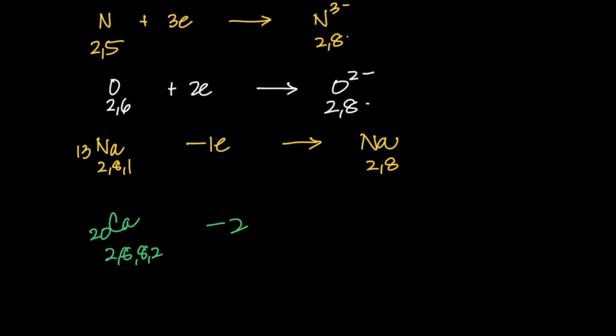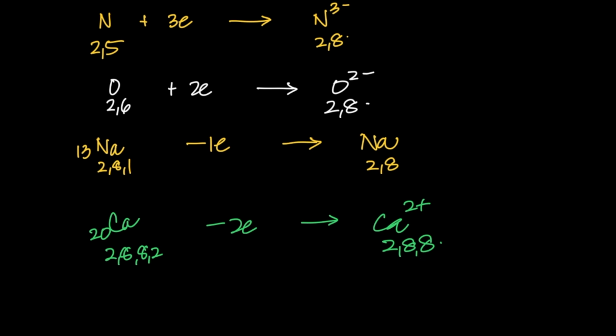But when it loses 2 of these electrons, it becomes calcium 2 plus, 2, 8, 8. Their configuration is literally identical to noble gas configurations. For example, all these 3 have the same configuration as neon, and this one has the same configuration as argon.